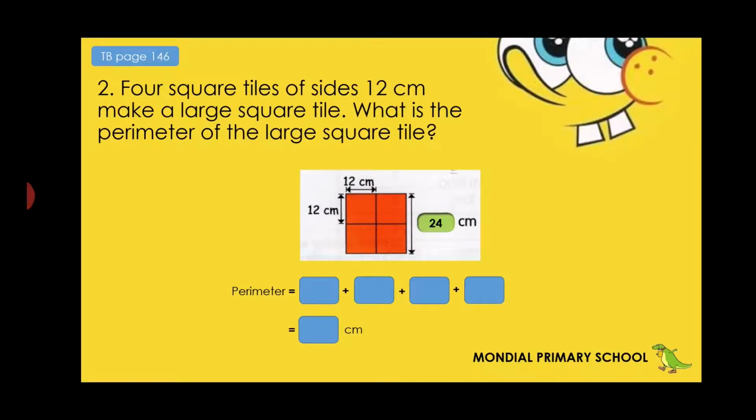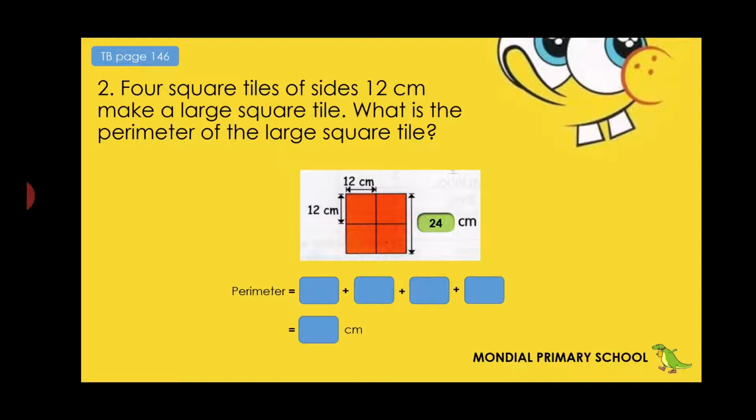Next, Number 2. 4 square tiles of sides 12 cm make a large square tile. What is the perimeter of the large square? The length of the small square tile side is 12 cm, and the length of the large square tile sides is 2 times the length of the small square tile side. So the length of the large square tile side is 2 times 12 cm or 24 cm.